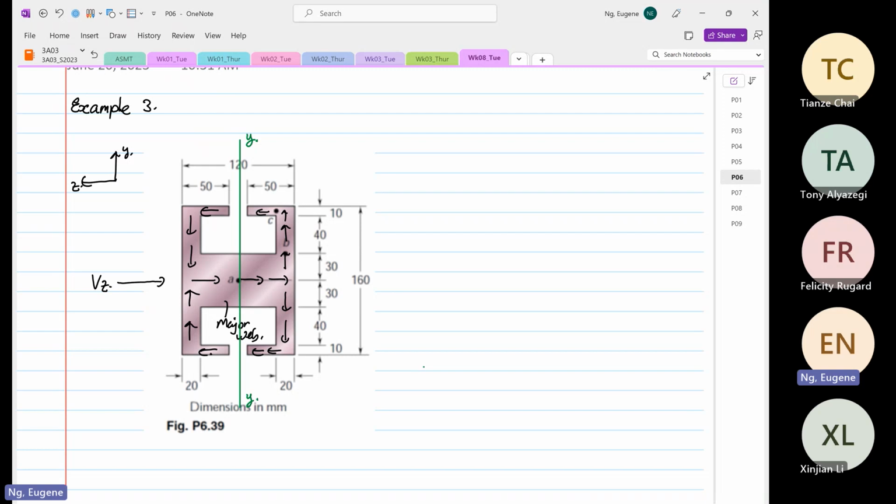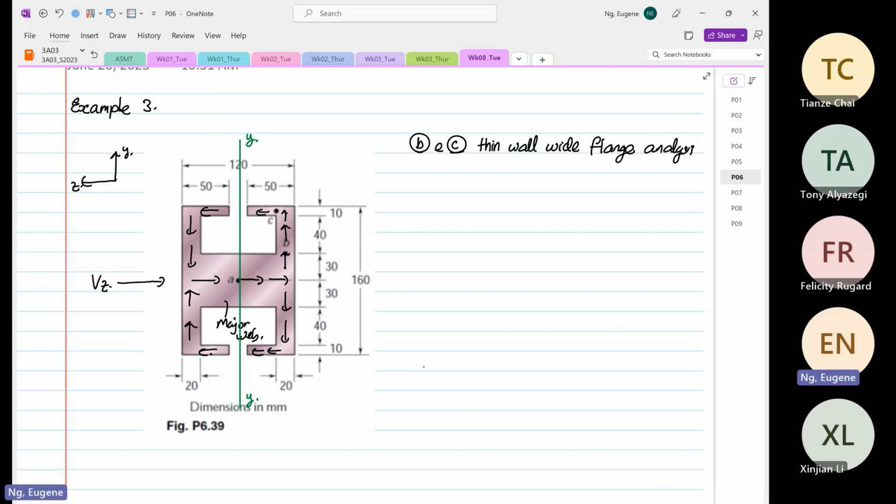Point B and C are using, so I'll write down here. Point B and point C, we use thin wall, wide flange analysis.